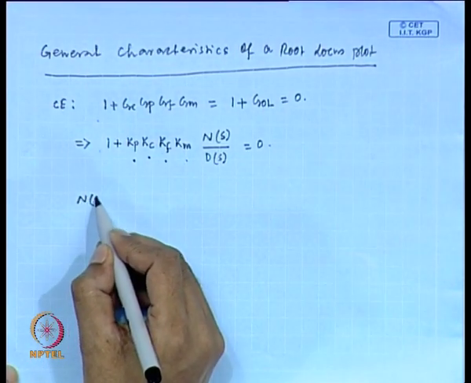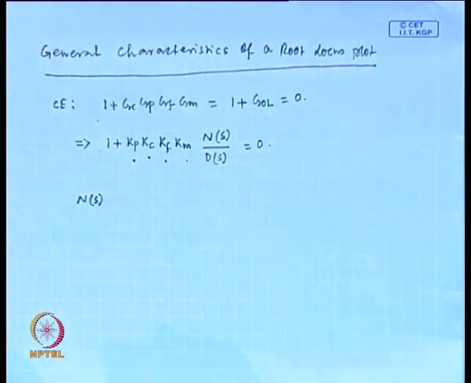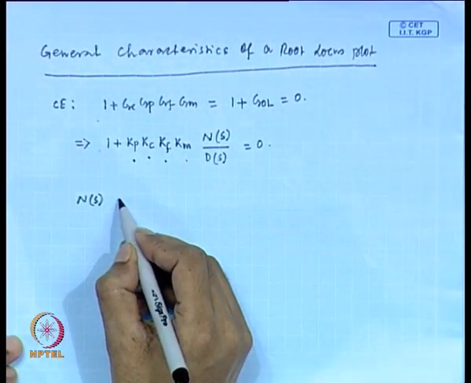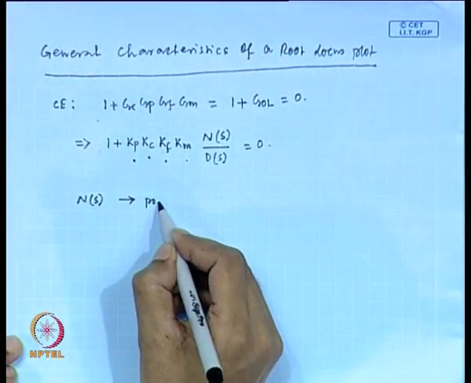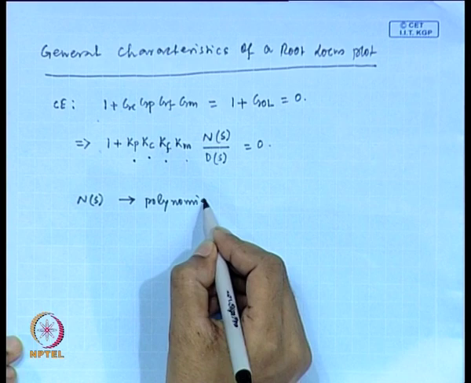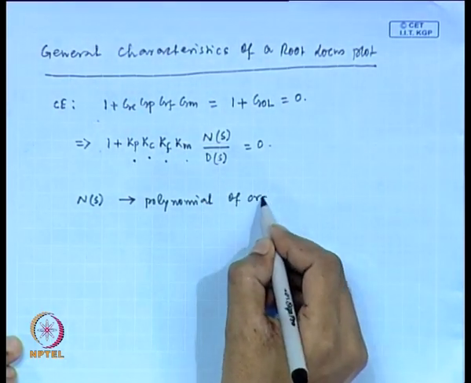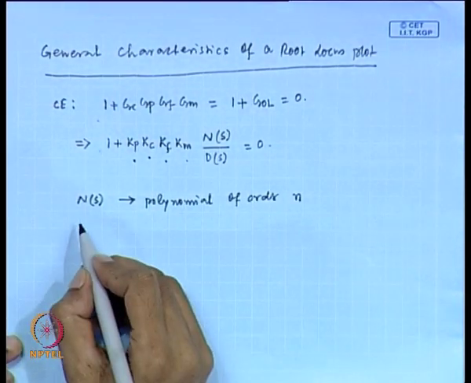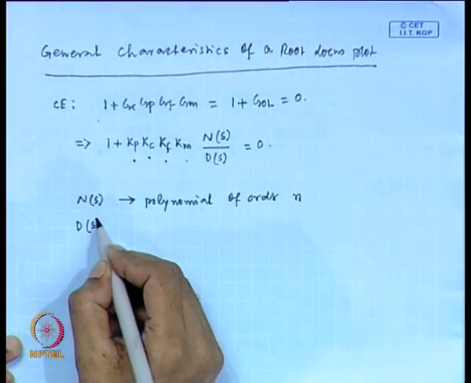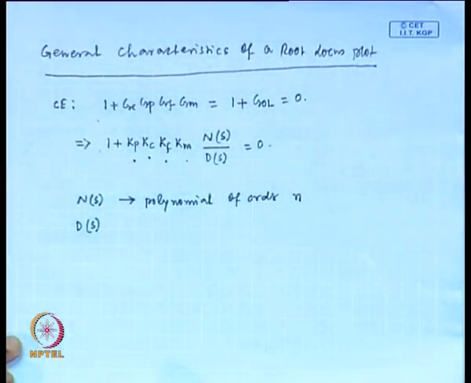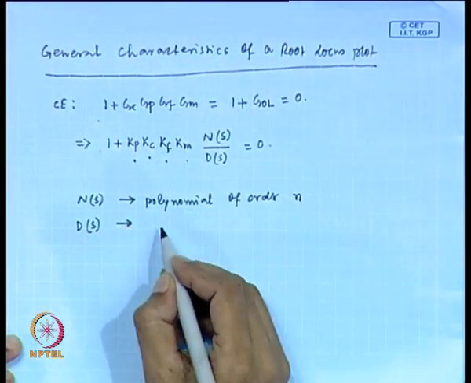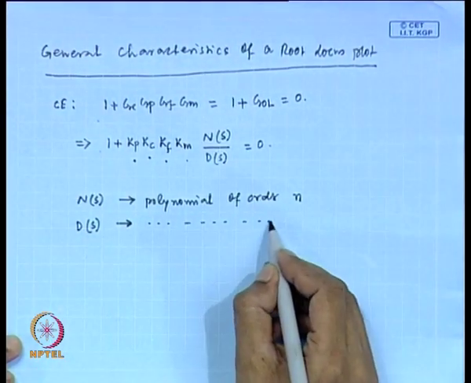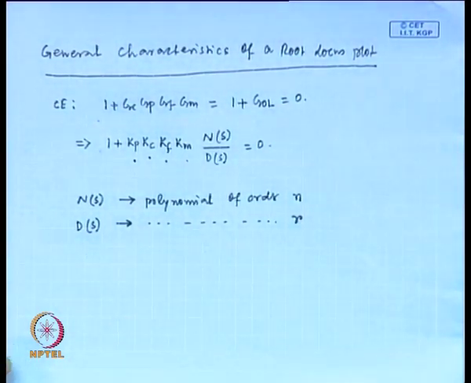Ns is a polynomial of order n. Similarly, in the denominator another polynomial exists, that is Ds. Ds is a polynomial of order r. These are the two polynomials.